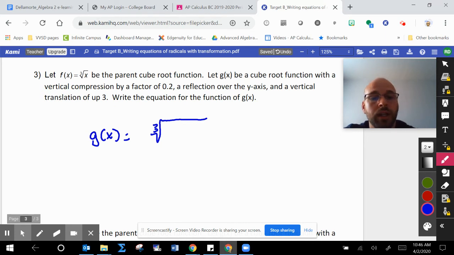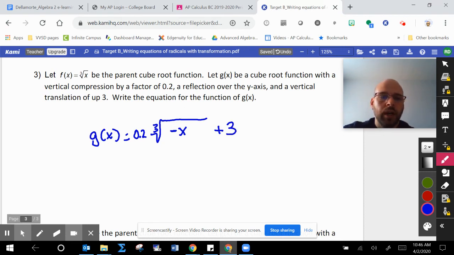I have a vertical compression factor of 0.2, so that's going to be a multiplier on the outside. So 0.2 times the cube root of, and I have a reflection over the y-axis, which would be a horizontal reflection, so I'm going to put a negative on the inside. And then I have a vertical translation of up 3. So that would be my equation.